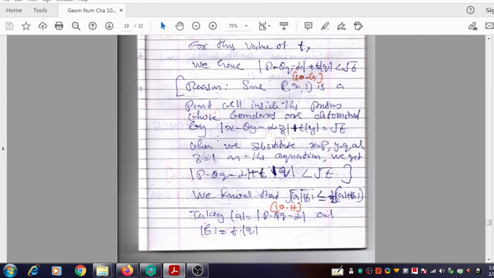But that does not clearly belong to the boundary, because that situation you can avoid. When that point belongs to the boundary, you get equality.